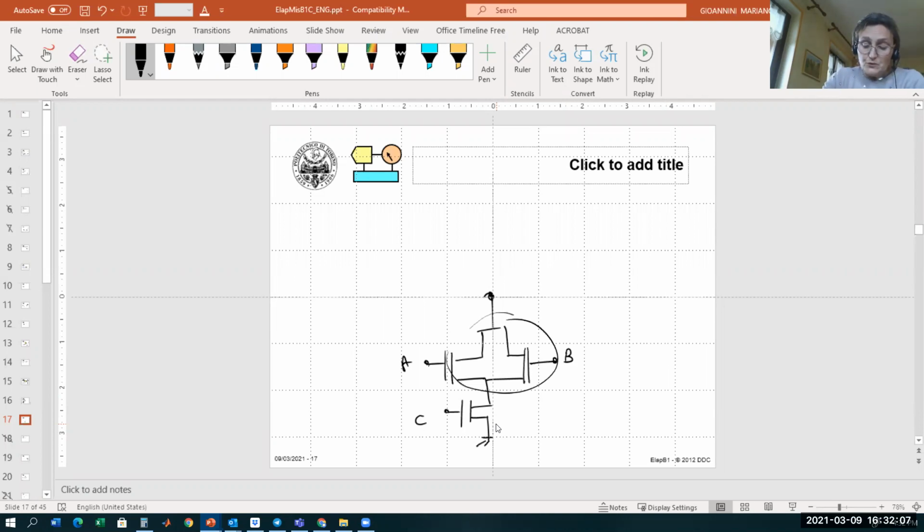So now these two are in parallel, and in the PMOS part they go in series. C is here in series, and then it goes in parallel. So we have here another node.